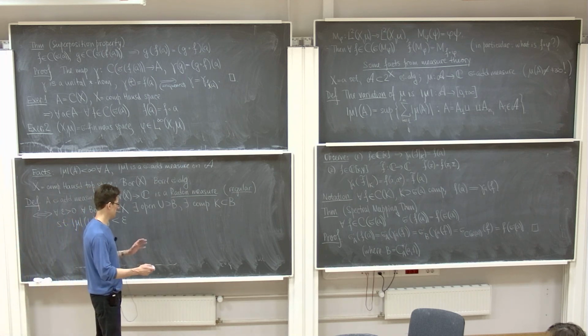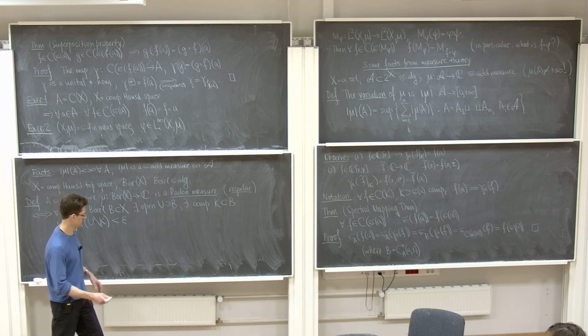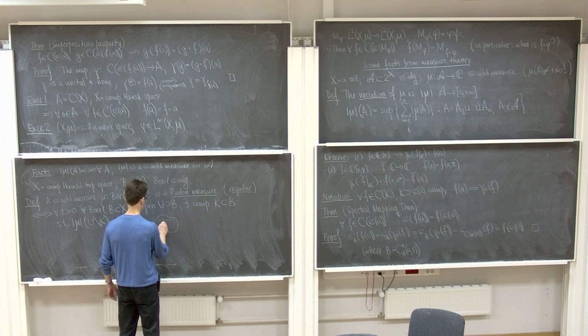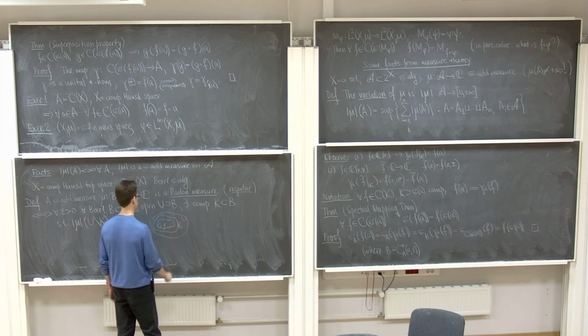So this means that K and U both approximate B. So this is K, and this is U, and this is B.